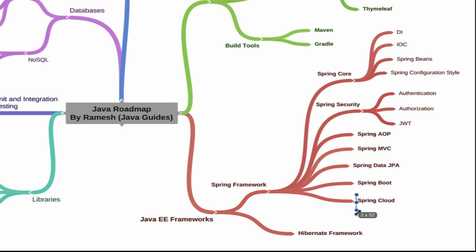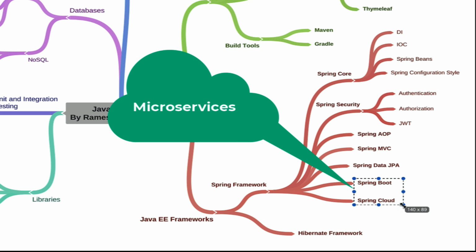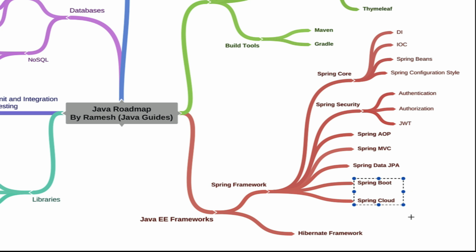Next is Spring Cloud. If you want to develop microservices in Java, then you can go ahead and learn Spring Boot and Spring Cloud. Spring Boot and Spring Cloud is a great combination to develop microservices in Java. Microservices is again a complex topic, so as a beginner, you can just focus on developing Spring based applications using these modules.